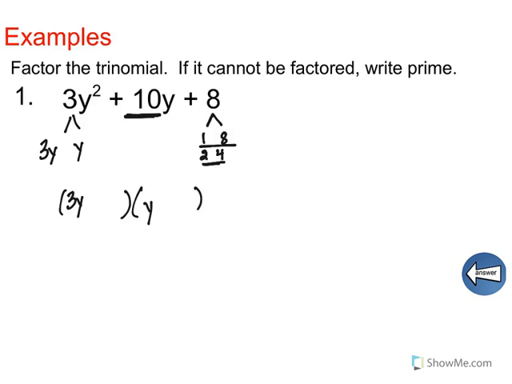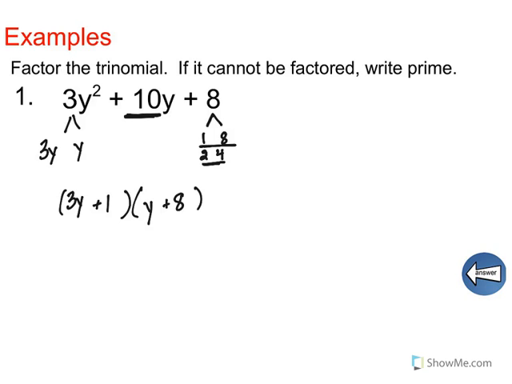When we're guessing and checking, it's going to be important that you keep track of the combinations that you've tried. So if I try 1 and 8, I might put 1 in this one. I might put 8 in this one. Again, we really don't know which one should go where at this point. We're going to guess, and then we're going to FOIL and check to make sure that it's the correct solution. And if it's not, then we go back to the drawing board.